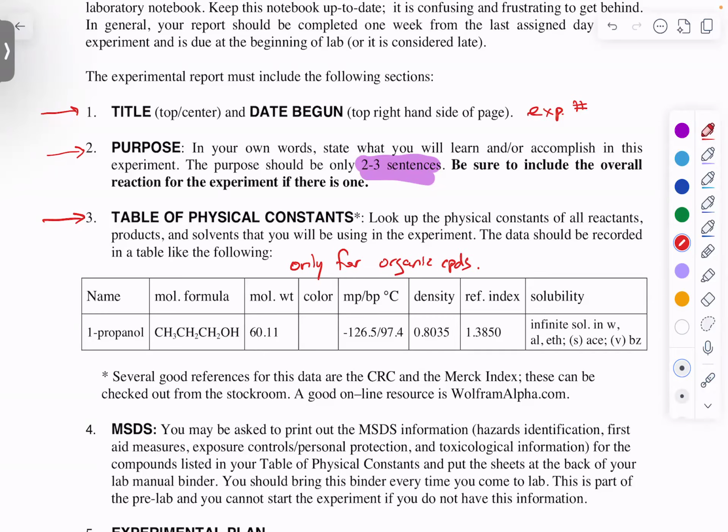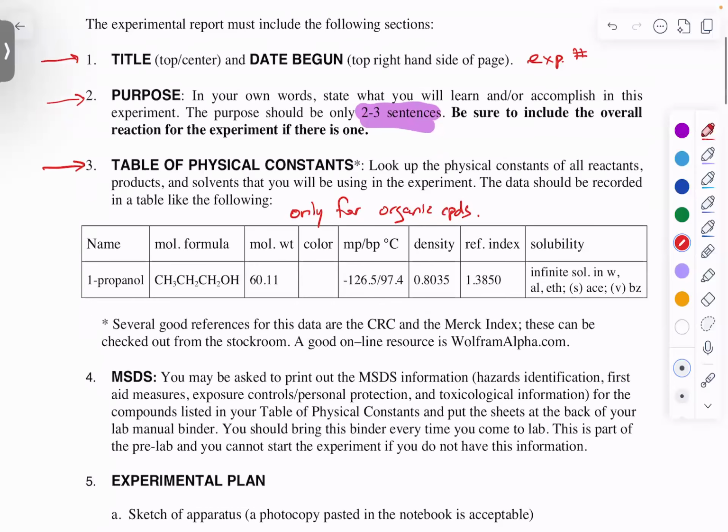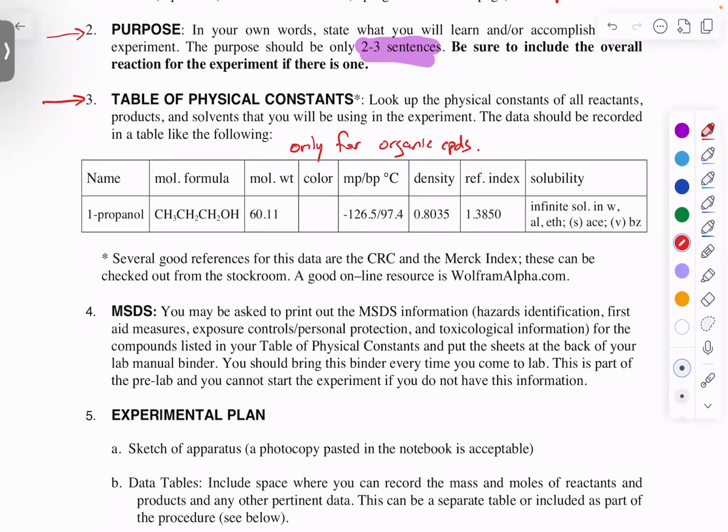All right. Number four is MSDS. This is purely for reference. You do not need to print up or submit MSDS sheets with your pre-lab assignment.